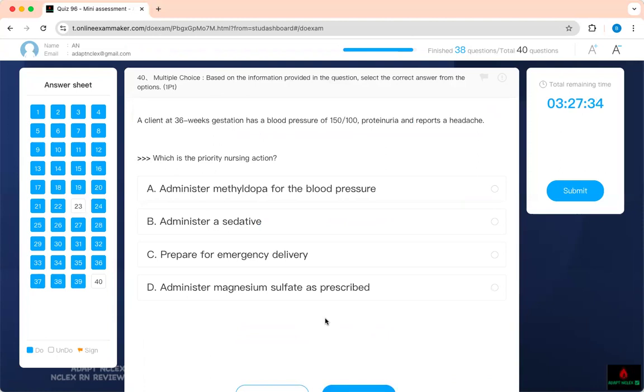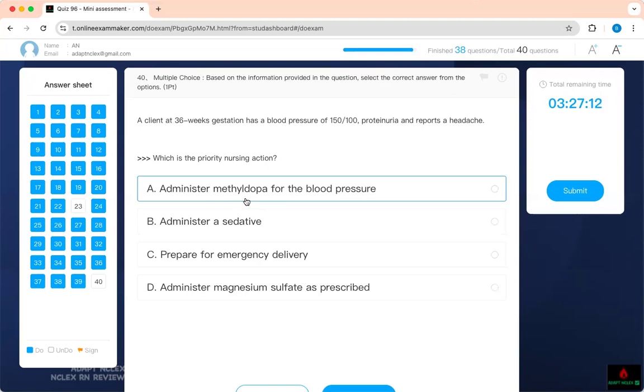Which is the priority nursing action? A client at 36 weeks has high blood pressure, proteinuria, and reports headache. What would you do? Do you give the patient methadone? First, you figure out what the patient has. They have what looks like severe preeclampsia, and then what do you want to do?